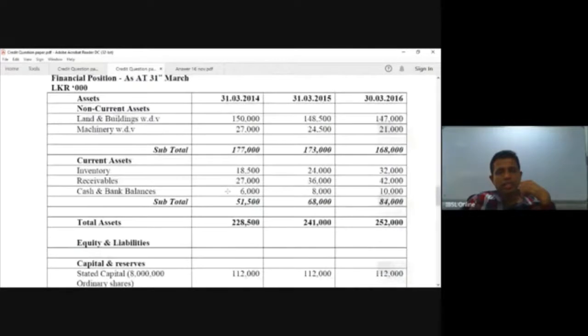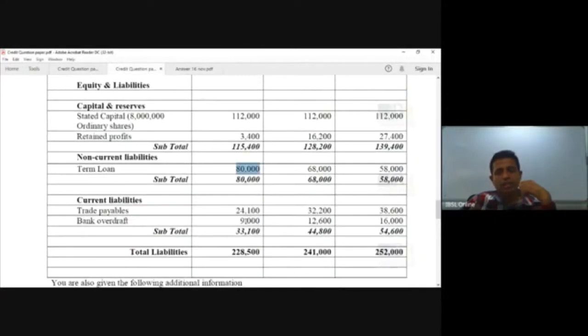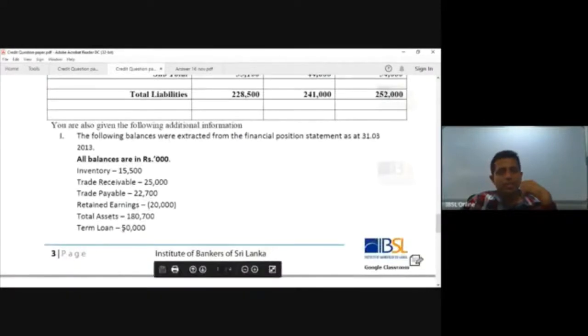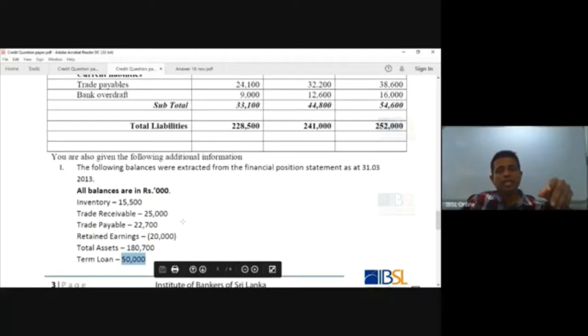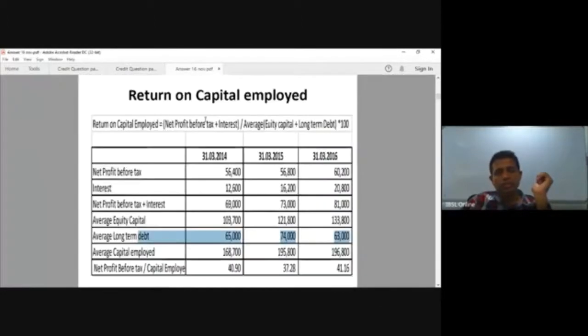Therefore, you have to add 50,000 and 80,000. Then it will be 130,000 divided by 2. That is 65,000. That's how this 65,000 we calculate.